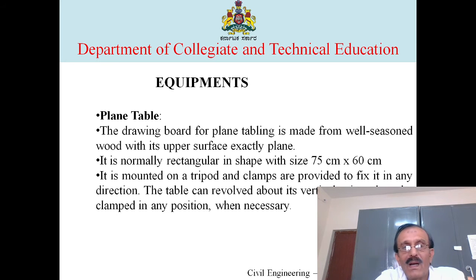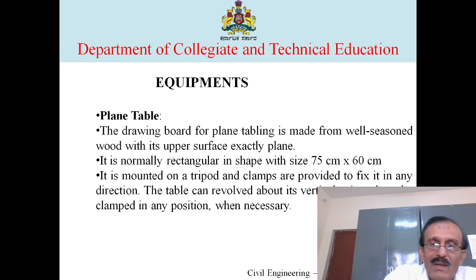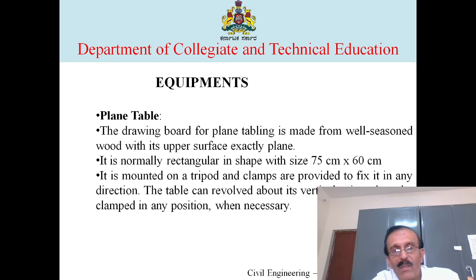It is usually rectangular in shape with a size of 75 centimeter by 60 centimeter. It is mounted on a tripod and clamps are provided to fix it in any direction. The table can be revolved about its vertical axis and can be clamped in any position whenever you want to sight a particular field detail or an object.